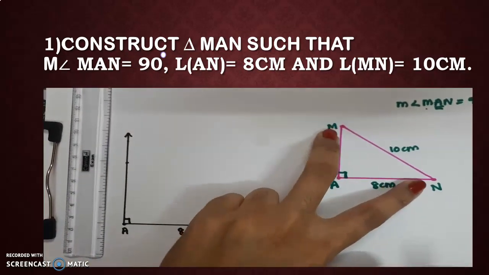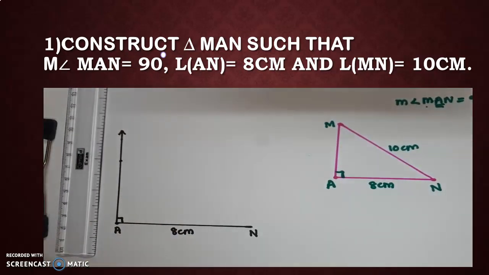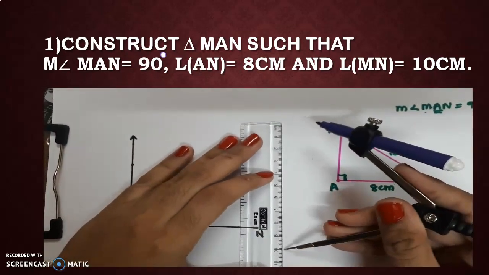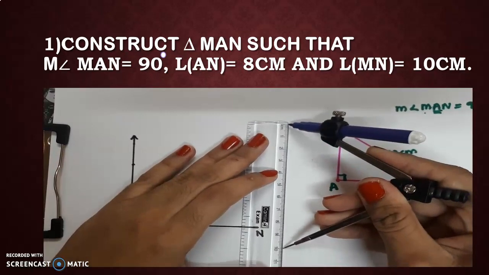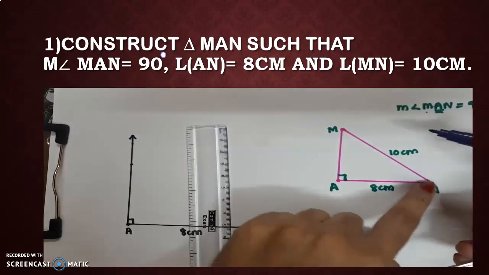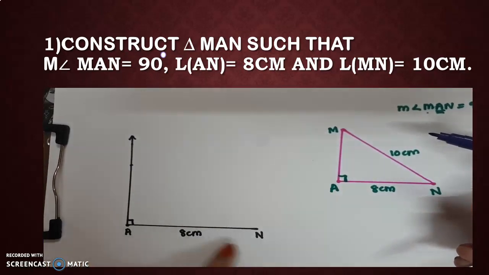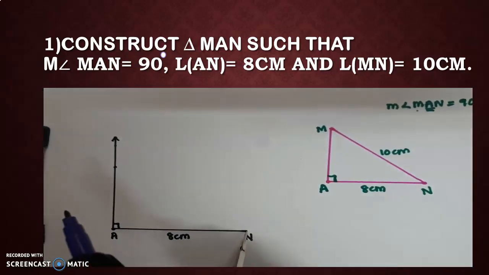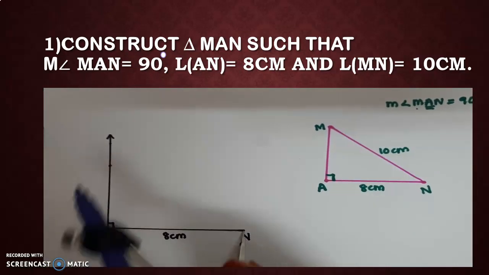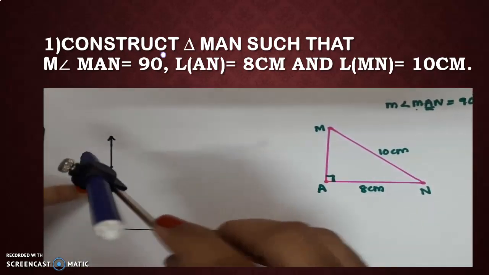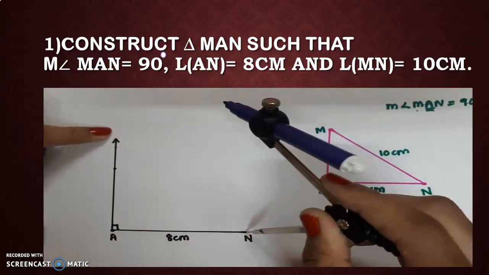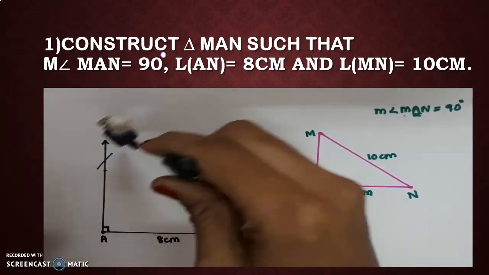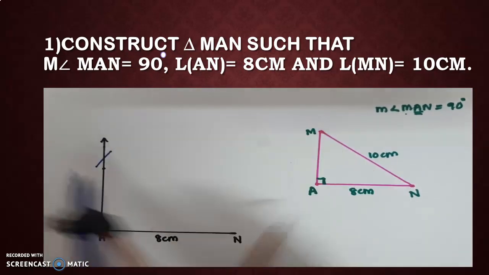Now the third part is left, that is MN, 10 centimeters. So we will take our compass and open it 10 centimeters like this. Now our MN is 10 centimeters. I don't have M but I have N over here, so you have to be very careful. We will keep it on point N, and this compass arc we will put on the ray which we have just drawn.